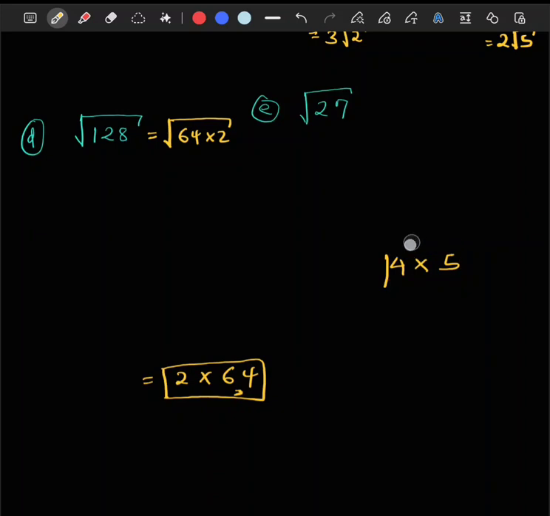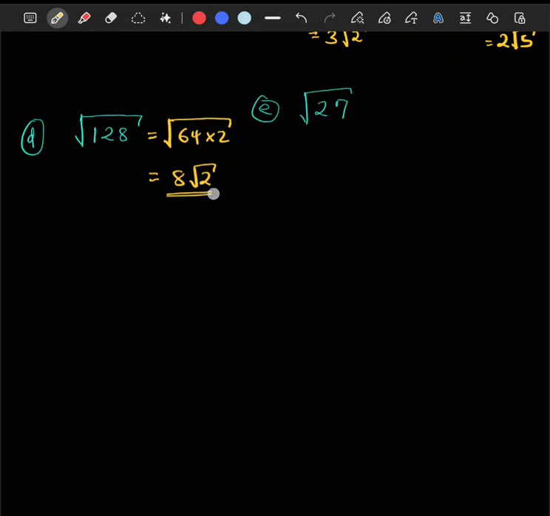And square root of 64 is 8, but square root of 2 is a decimal number. We're going to leave that as it is. We don't want decimals, we want whole numbers. This is going to be 8 times square root of 2. So square root of 2 will remain as it is, but square root of 64 is 8, so we write 8 instead of 64 under root. And this is it. So simplifying 128, the answer is just 8 square root of 2.